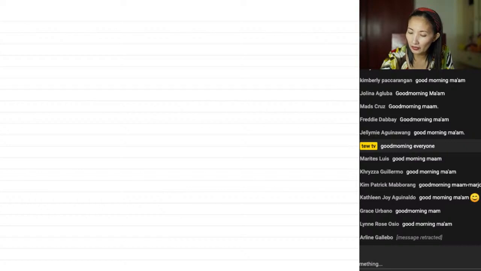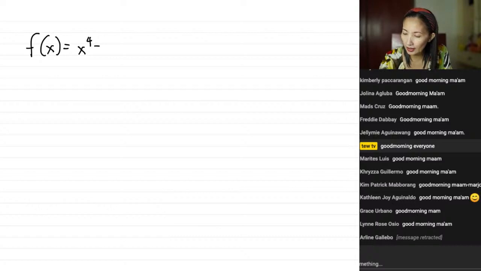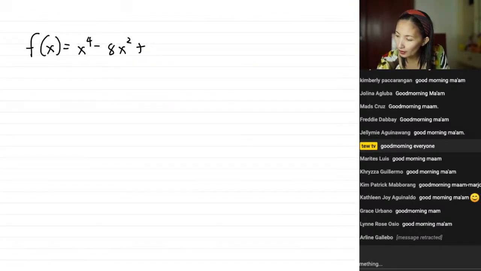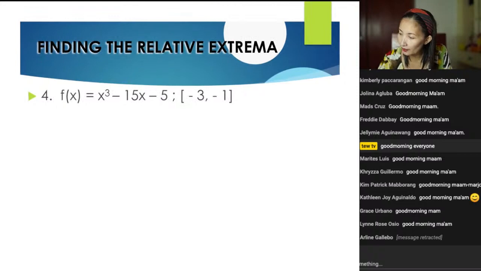Let's copy first the function given, f of x. The function is f of x equals x to the 4th minus 8x squared plus 16. Is this the given? Or x cubed minus, I'm referring to the next. Why did it disappear?